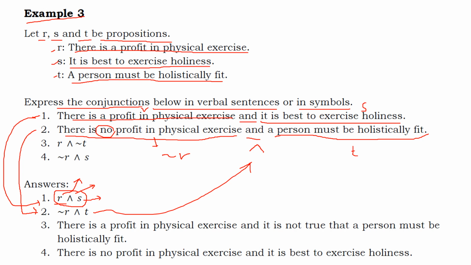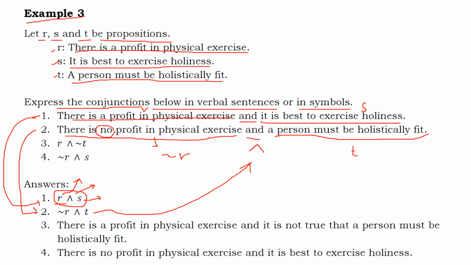Then we put no to oppose the original meaning of your R, and we just simply copy the original proposition T. That's how we convert these given sentences or statements into symbols.